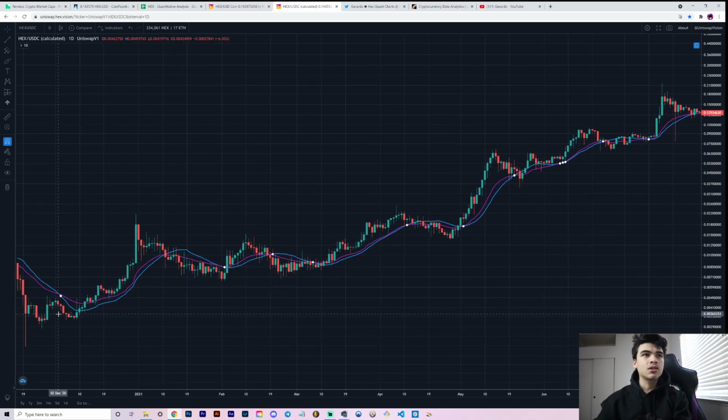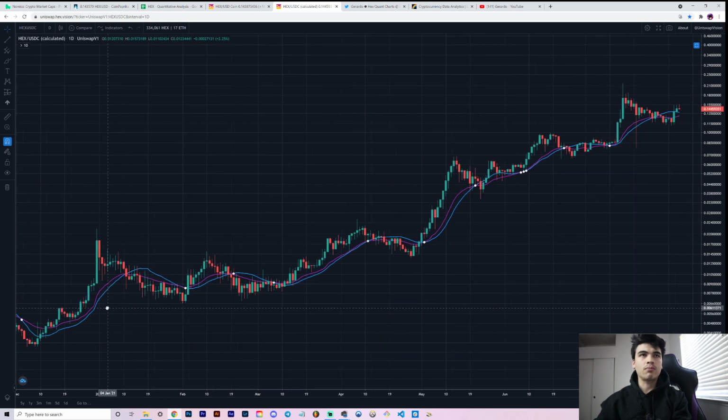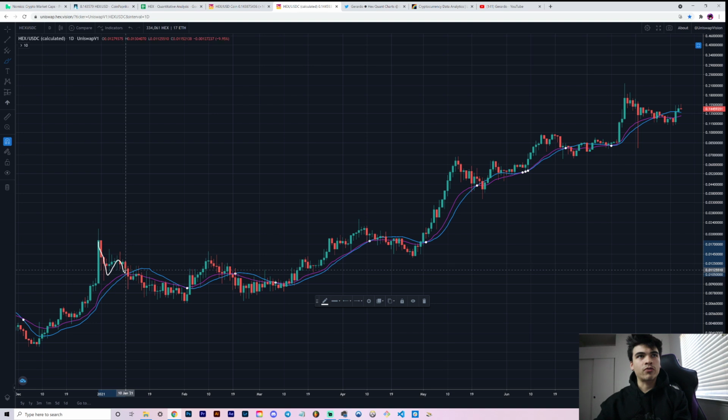Like, let's just start at the beginning of the year so I don't bore you guys with countless days of data, right? So where's January 1st? Over here, right? So we had rallied and the purple curve was above the blue curve. Once our rally was kind of over for a little bit and we cross, right? We had this cross right here. Then we had our consolidation region.